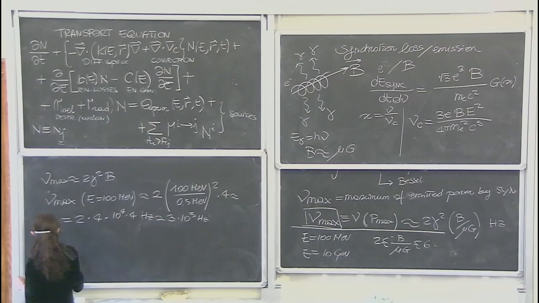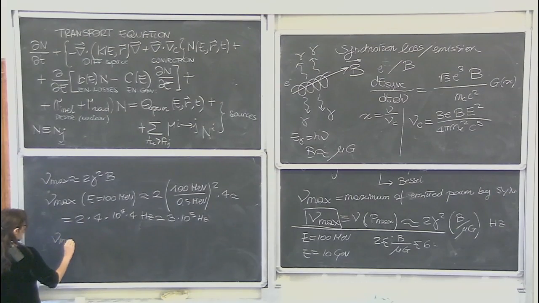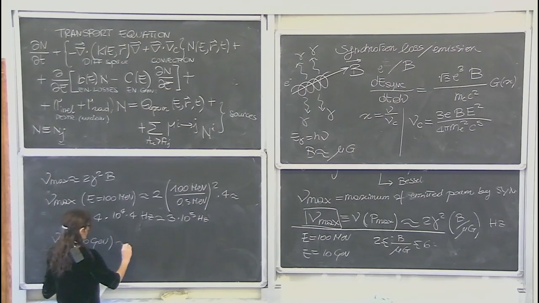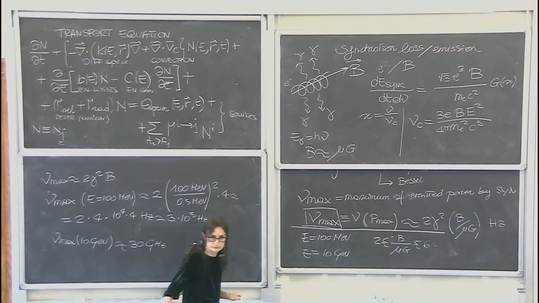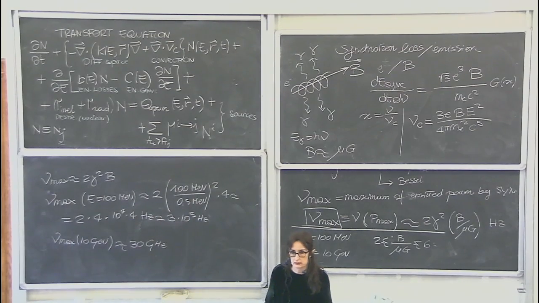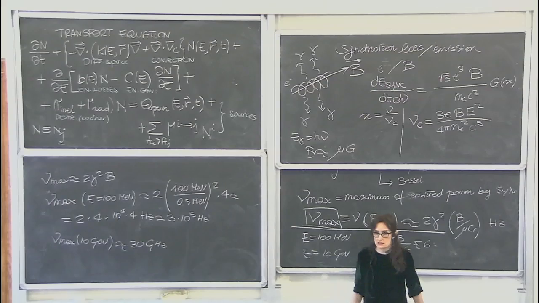And if you compute for electrons or positrons of 10 GeV, you are at the gigahertz. Which is, of course, a big energy.